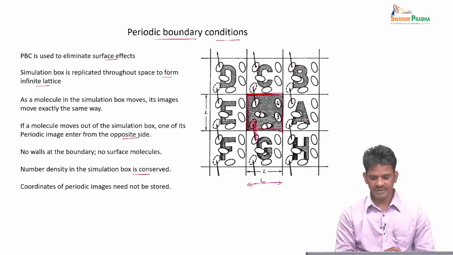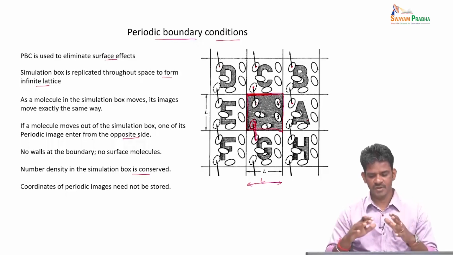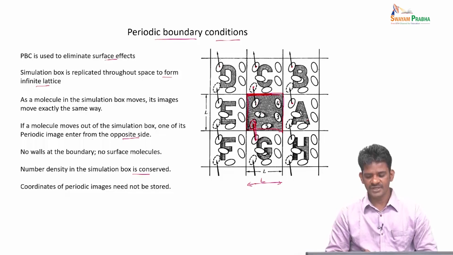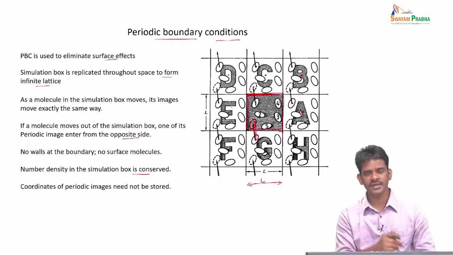One of the important things is that when you think about this central simulation box and all its periodic images, we don't necessarily have to bookkeep the coordinates of all the molecules in the periodic images. We just have to store the positions in the central box, because the moment I know those coordinates, I can easily relate the positions of the periodic images of particles in all the other boxes.